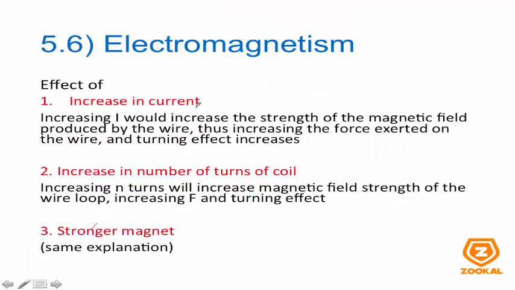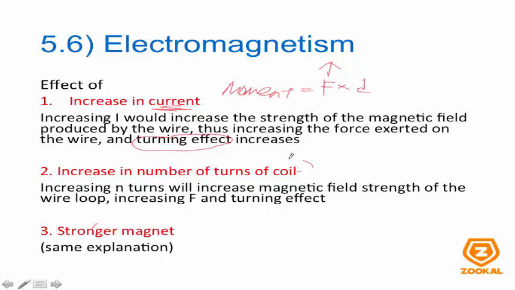So what happens if you increase the current? When you increase the current, your magnetic field increases in strength. So this increases the force exerted on the wire, and it increases the turning effect. Remember that turning effect, moment, is equal to force times the perpendicular distance. So when this increases, your turning effect increases.